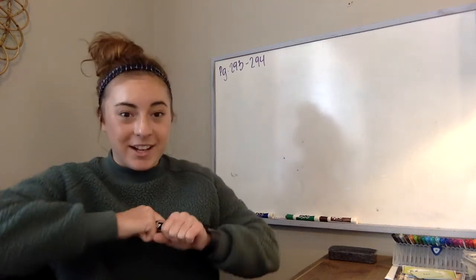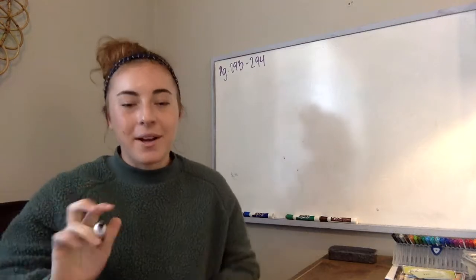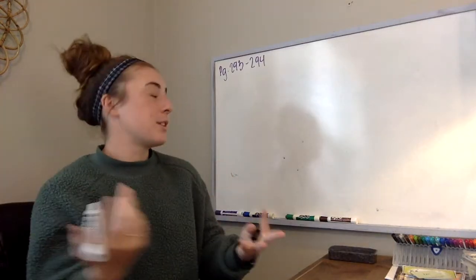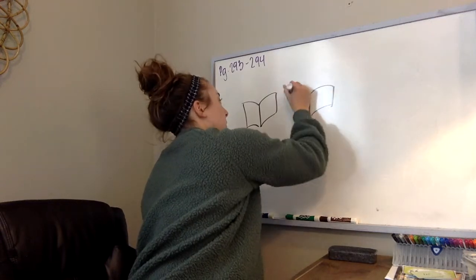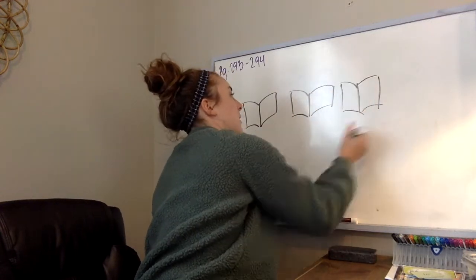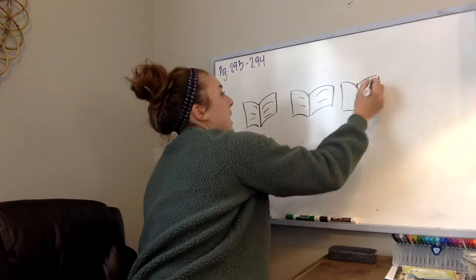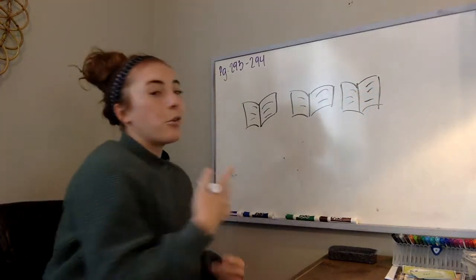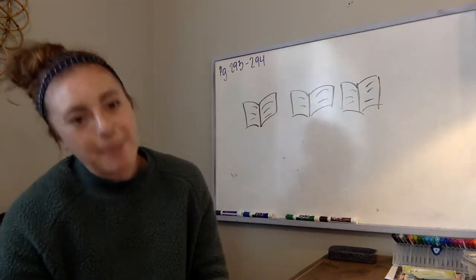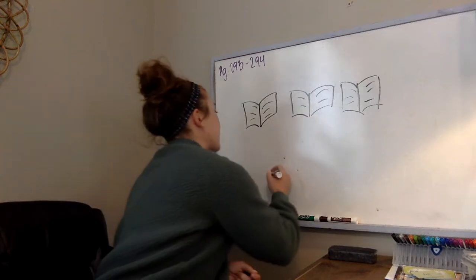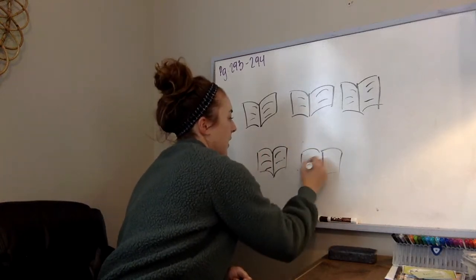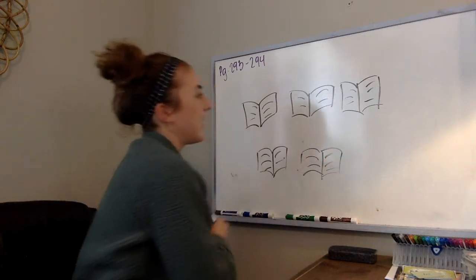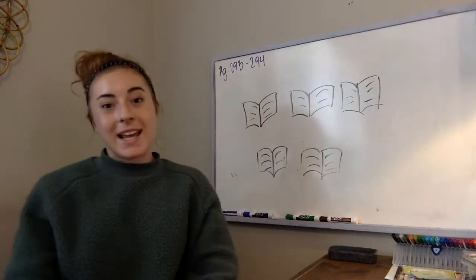Okay, are you ready? So I have my 3 books already. And then I went to the store and I bought 2 more. 2 more books. And my friends are wondering now, how many brand new books does Miss Hayden have?